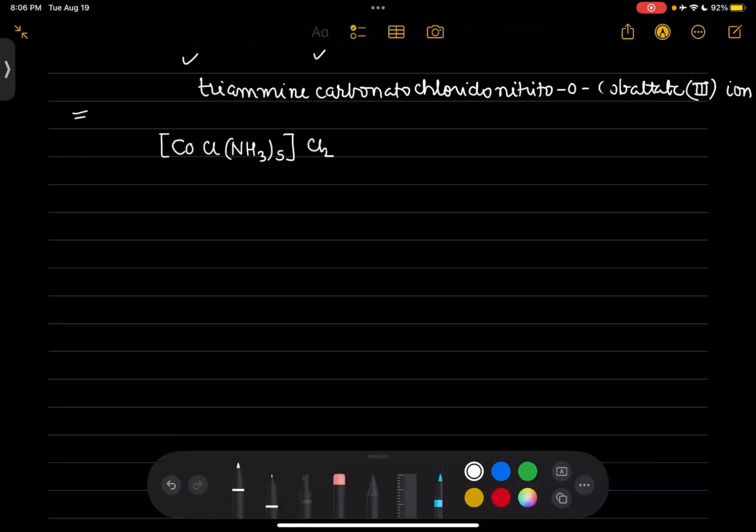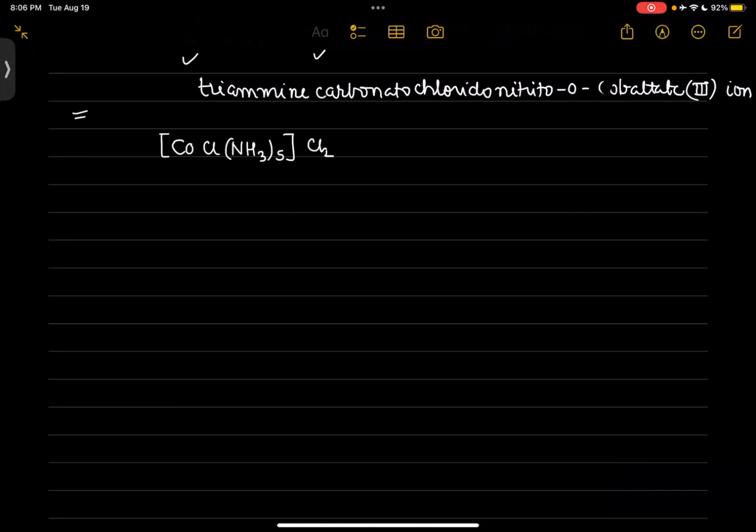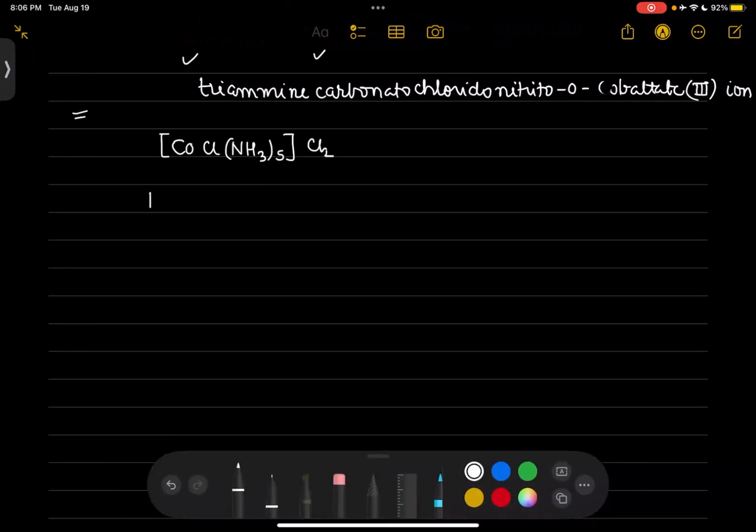So let's try to figure out what is the name of these compounds. Ligands are named first, as you know. Pentaammine chloride.